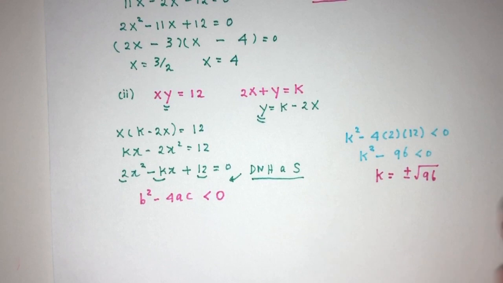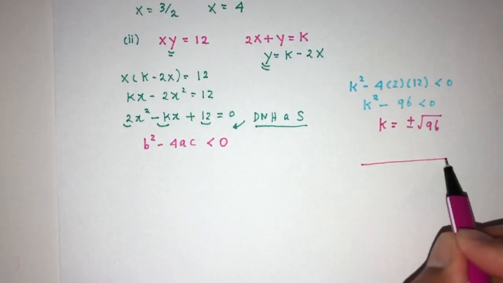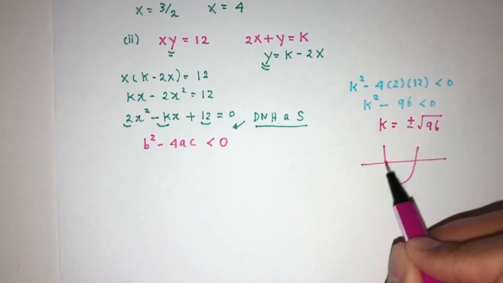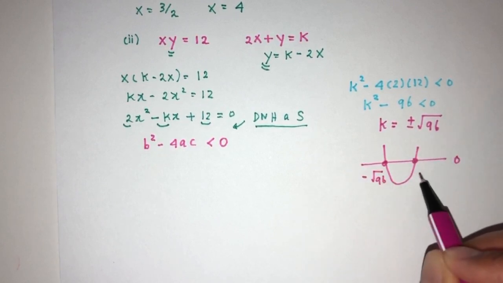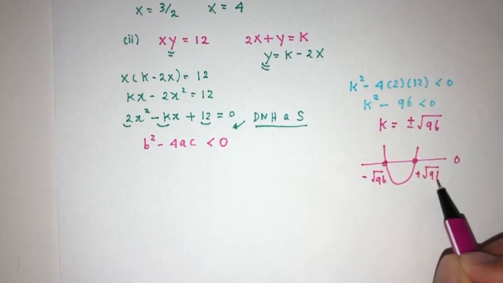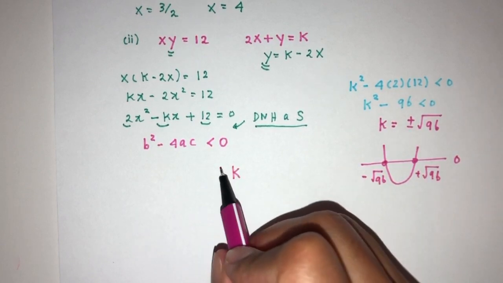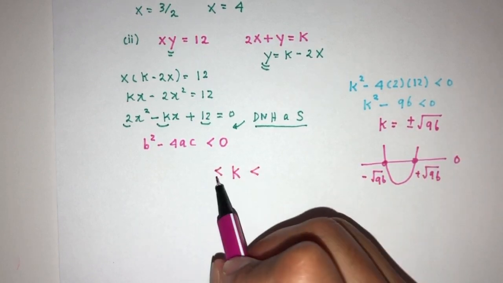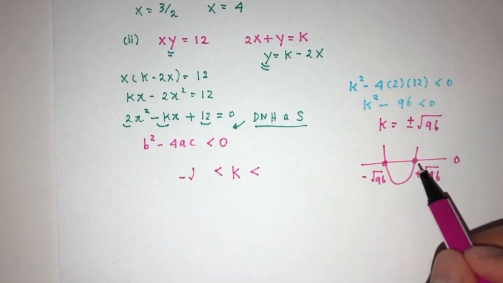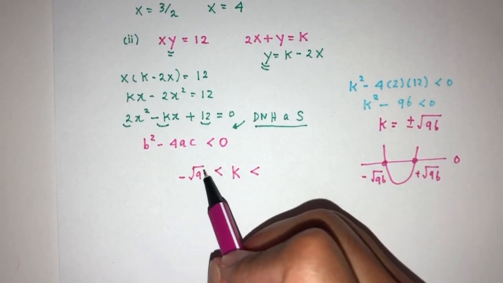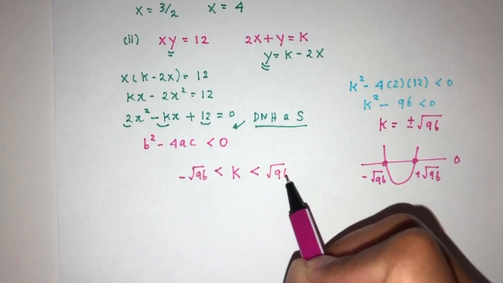So next step is, as always, we have to use our graph. It will be something like this. This will be minus and plus. So k has to be between the values, where the expression is less than 0, so between minus root of 96 and root of 96.